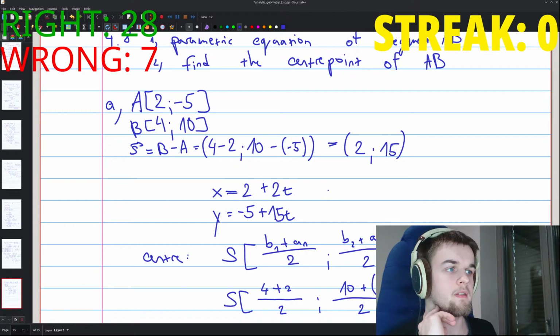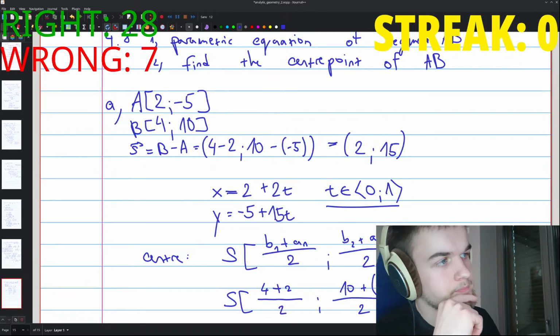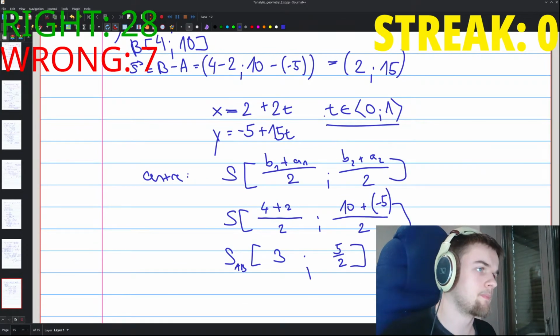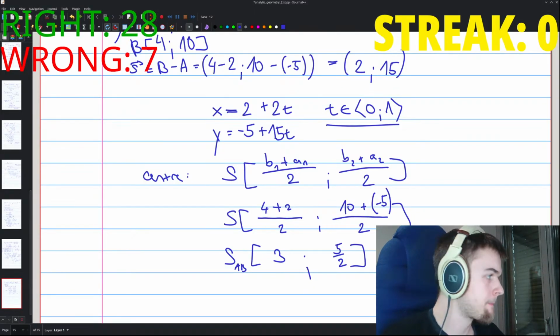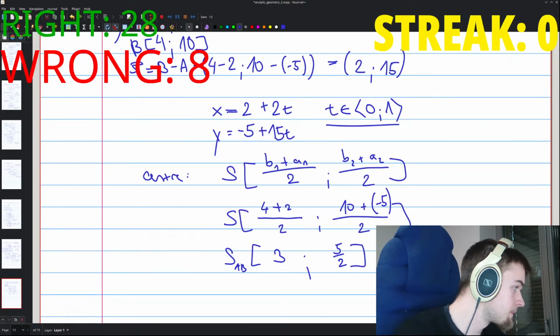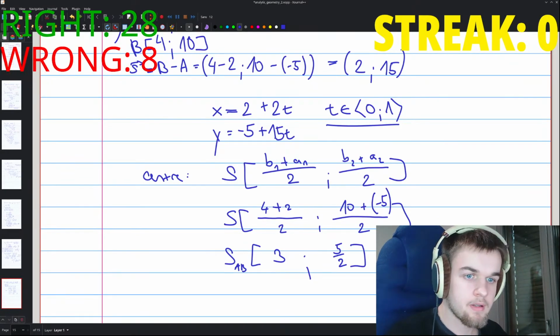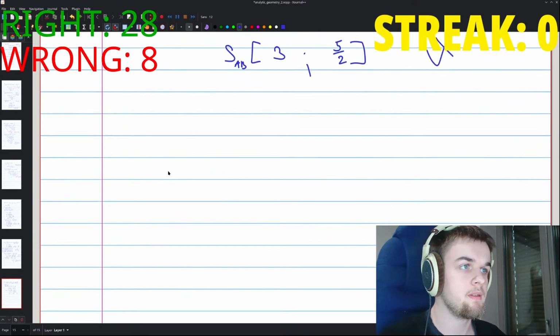However, when it's just a segment, t only belongs to numbers between 0 and 1. Simple as that. Okay, so I probably will have to mark this, unfortunately, as incorrect, because I forgot this, which is a bit unfortunate, but at least I know what I'm doing now. So let's write it down and let's continue on to B.